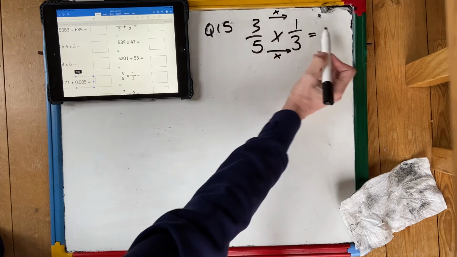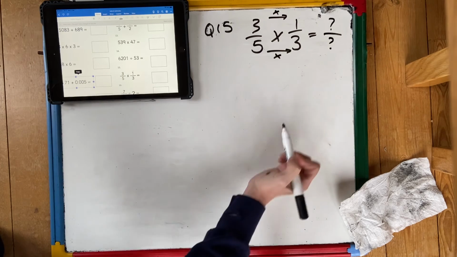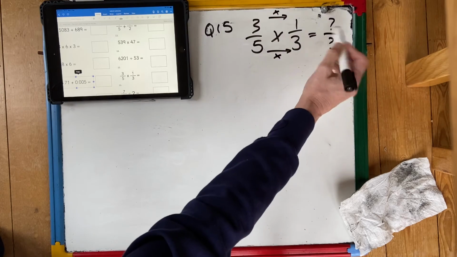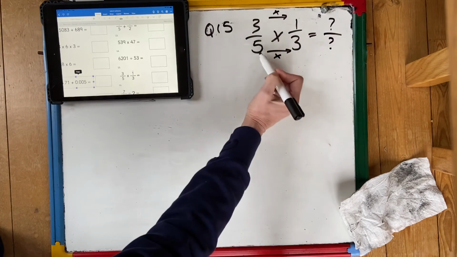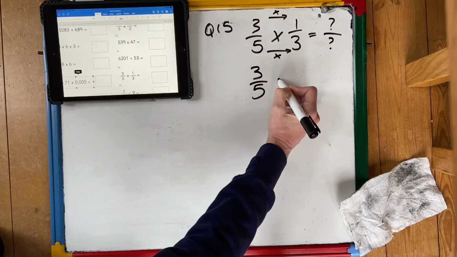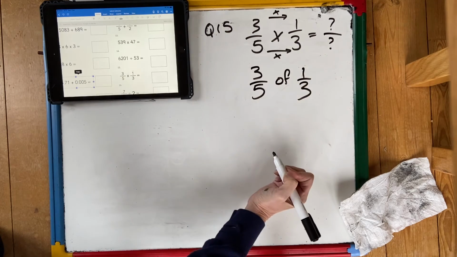So 3 times 1 is what? 5 times 3 is what? Remember that that is just a quick way of working it out. 3 fifths multiplied by 1/3 is the same as saying 3 fifths of 1/3.